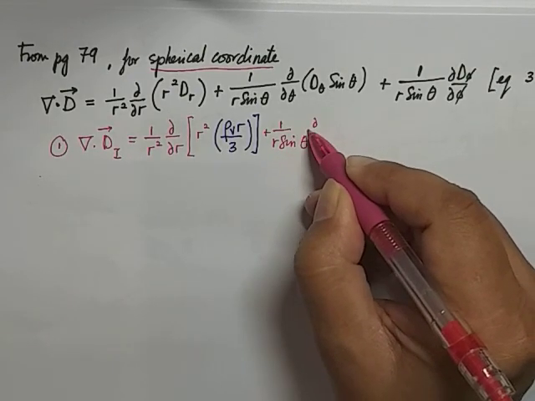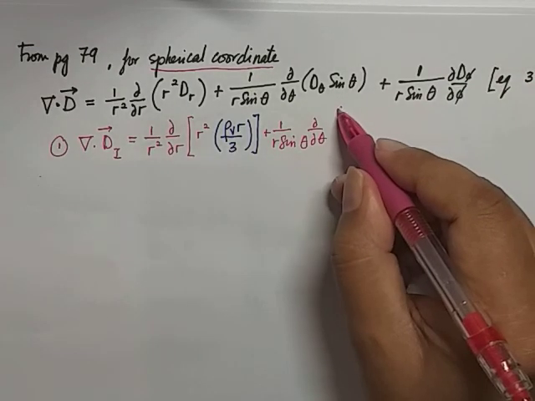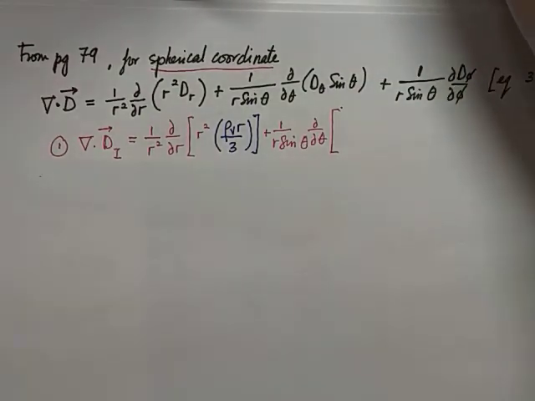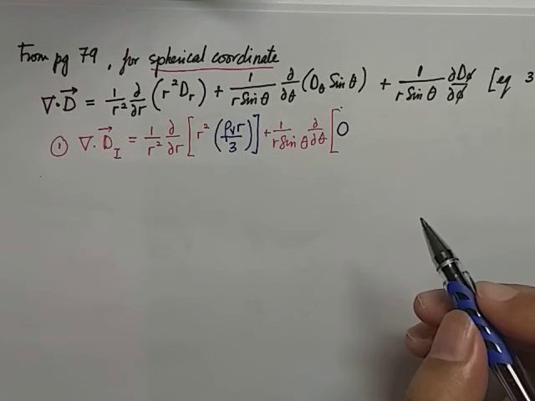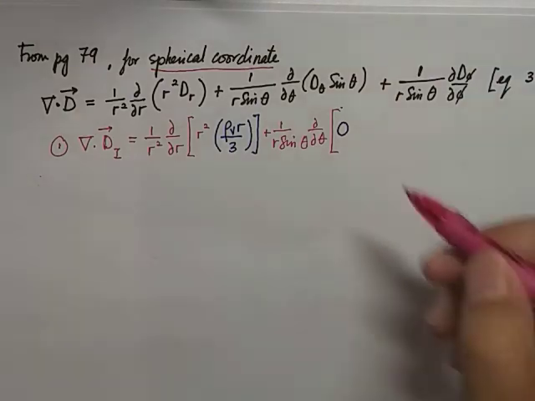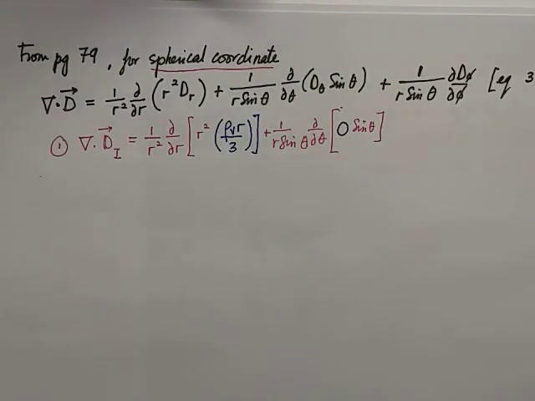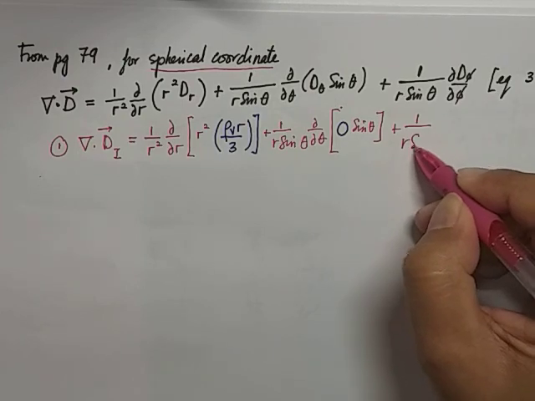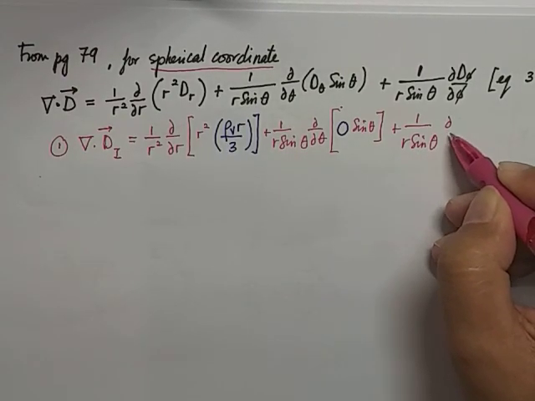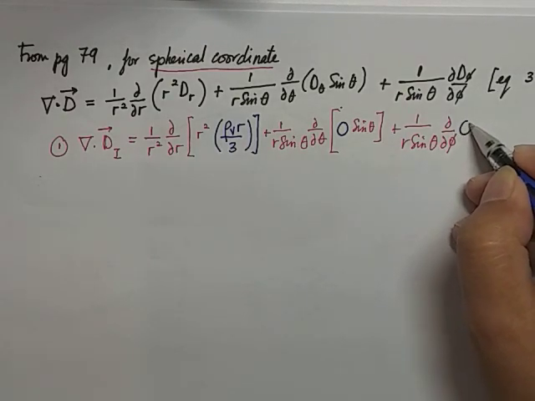Next, d over d theta. The D theta needs to be substituted with 0 because D1 does not have any D theta component, and other than that it stays as it is. And for the third component, r sine theta d over d phi, we know the phi component of D1 is also equal to 0.